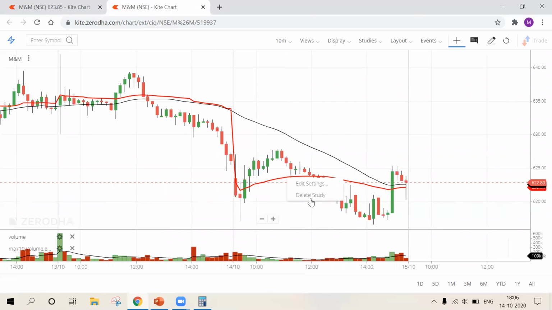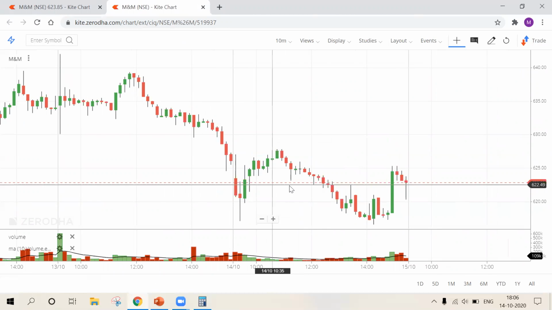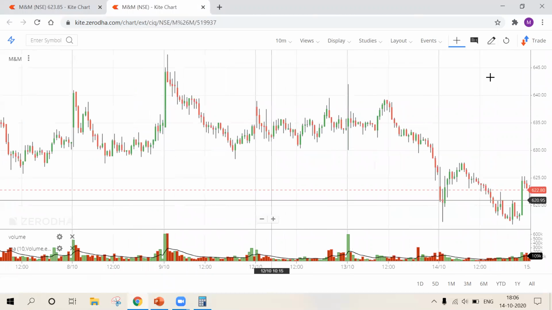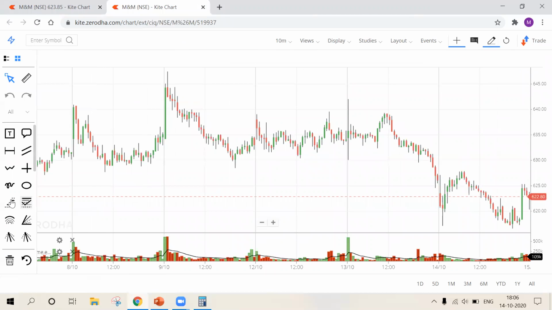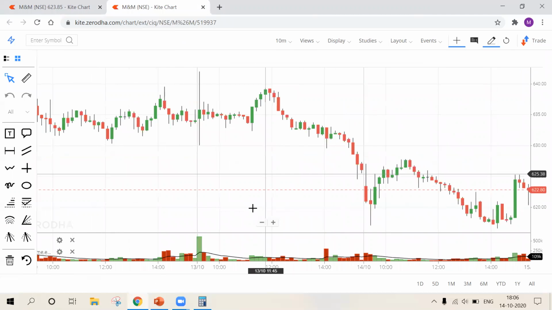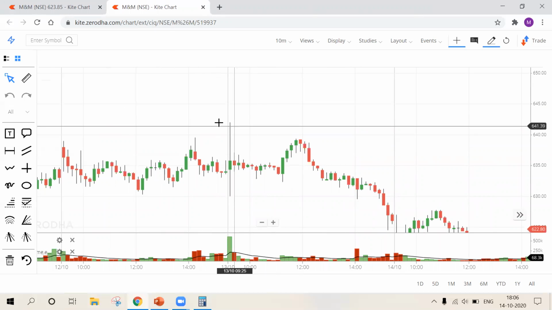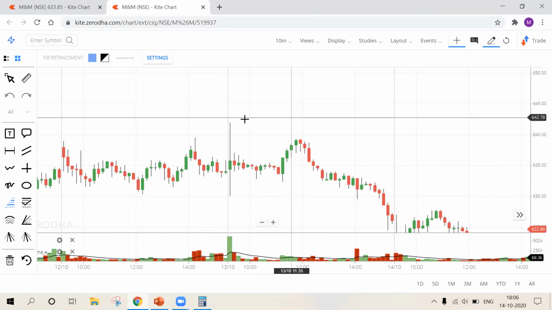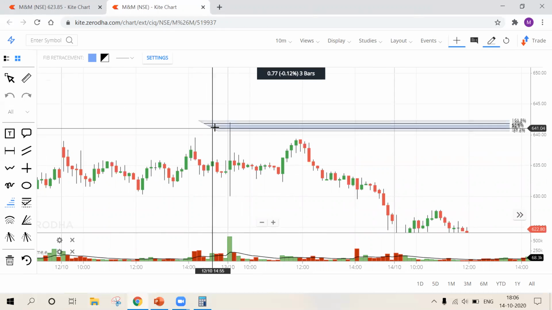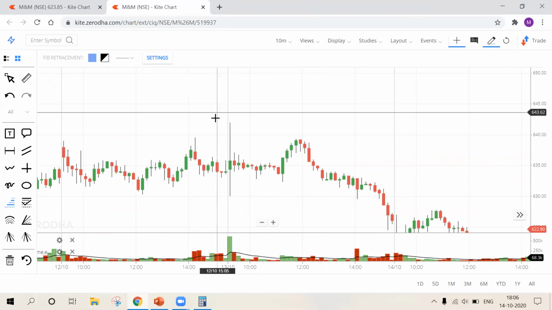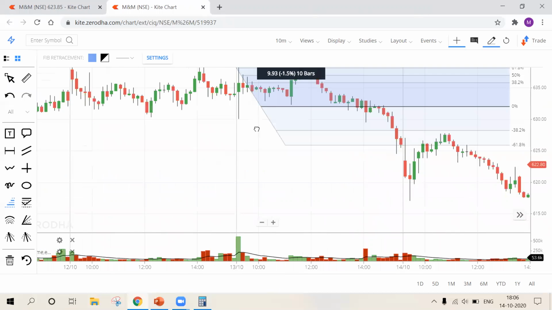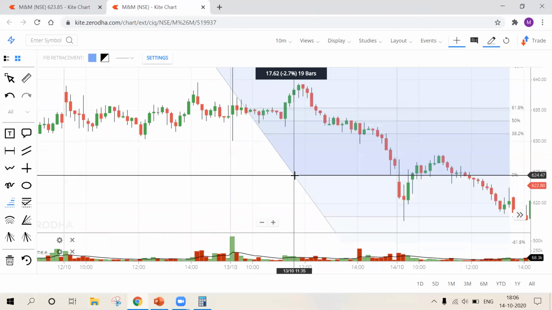All right. I'm going to delete all the studies. Now I'll implement step 1. That is, I'll select Fibonacci retracement and I'll connect day's high and day's low. So this week is very long. This will be day's high and day's low is this point.